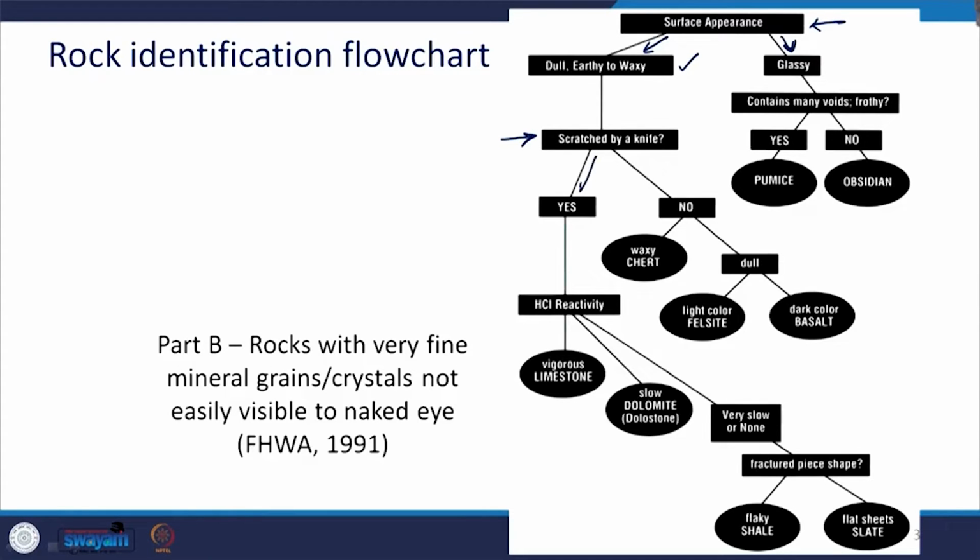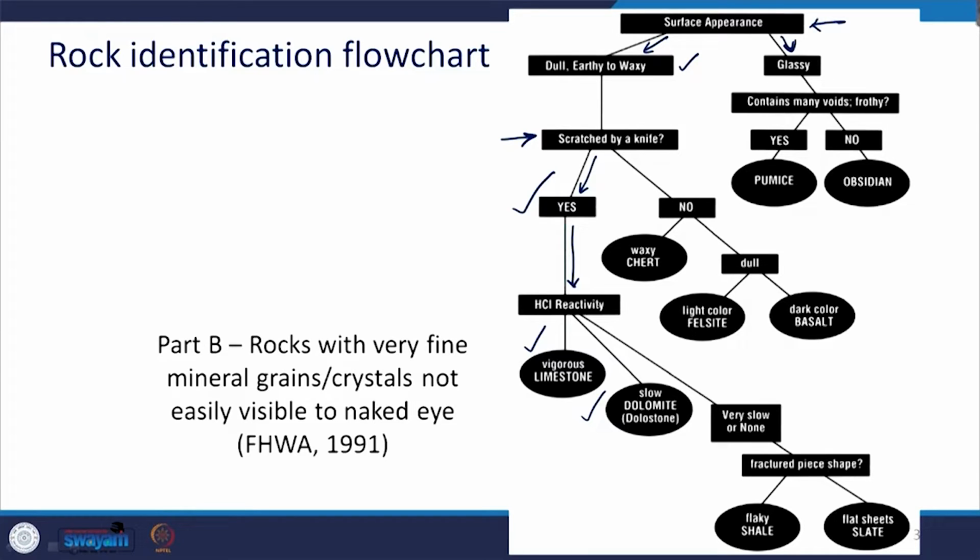If it is scratched by a knife, that is yes, then go here and check whether it is reactive to acid or not. If it is reactive and has a vigorous reaction, then the rock is limestone. If it is slow, then you have dolomite or dolostone.